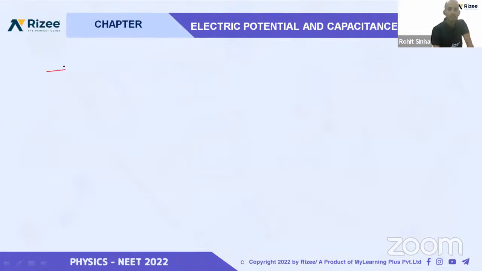Okay. Lastly, one more thing. You should remember, it is always said that a device having a capacitor should be handled with care. Why?